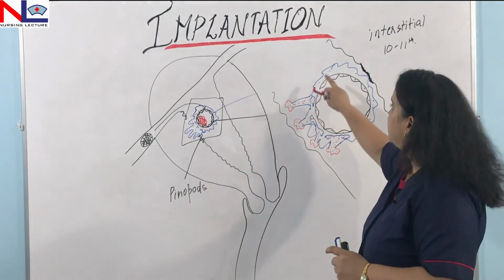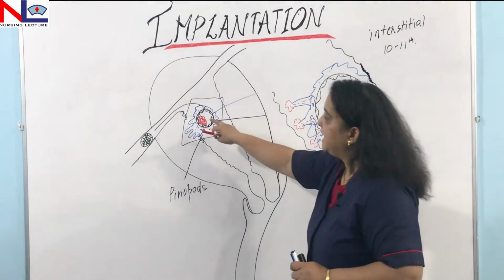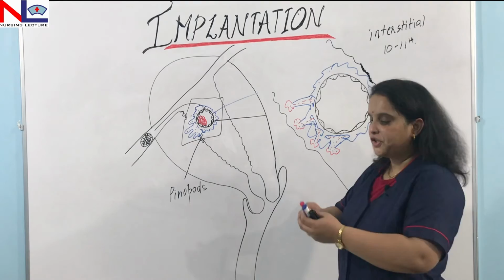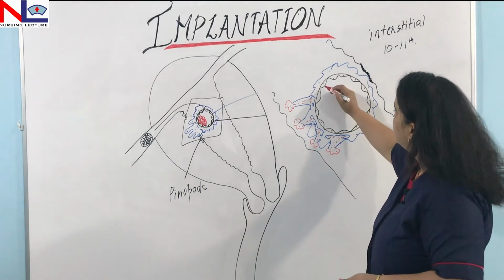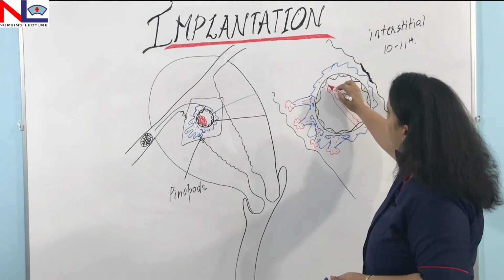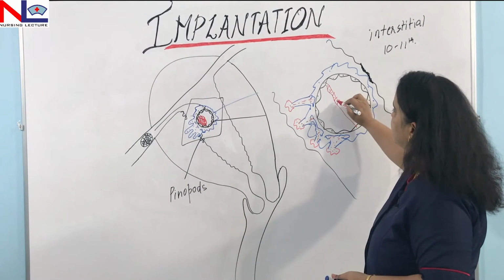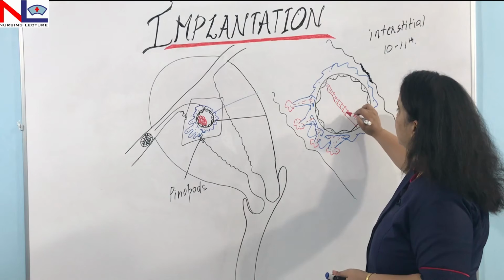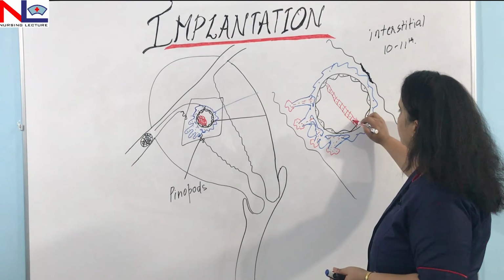Along with this trophoblastic layer, the inner cell mass also differentiates itself and forms two layers, and these two layers are called the bilaminar embryonic disc. Bi means two layers, so they form the bilaminar embryonic disc.